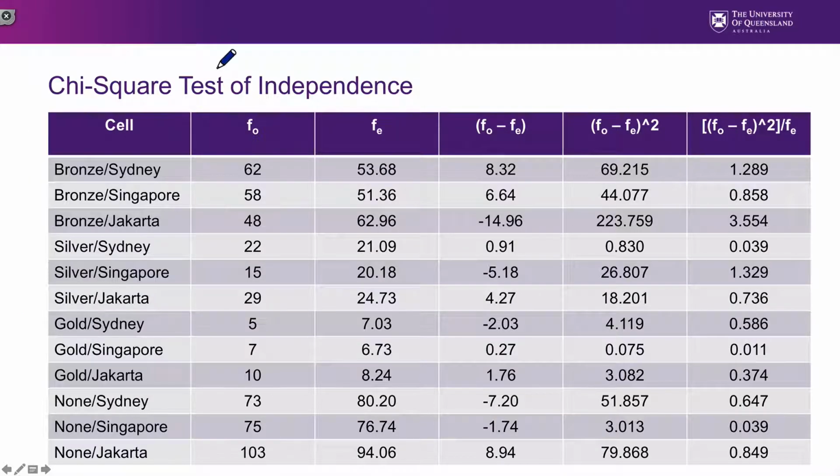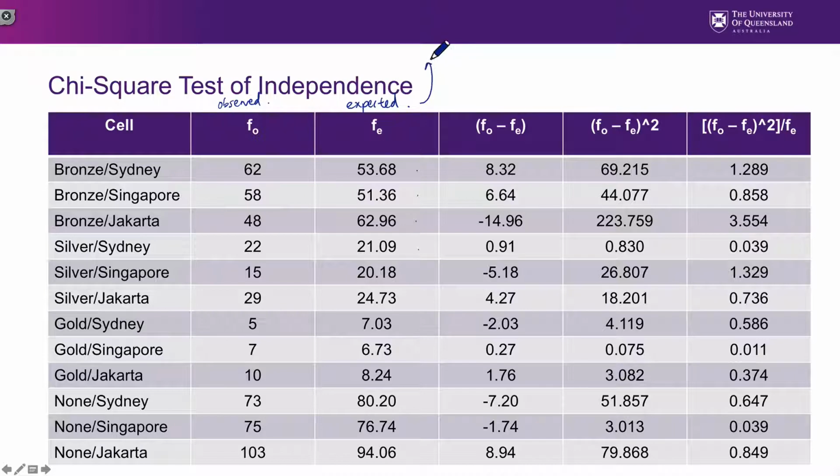So over here you can see that this column is for the observed frequencies, and this is for the expected frequencies. And our chi-square test requires that each expected frequency, each one of these, be equal to, if not greater than, 5.